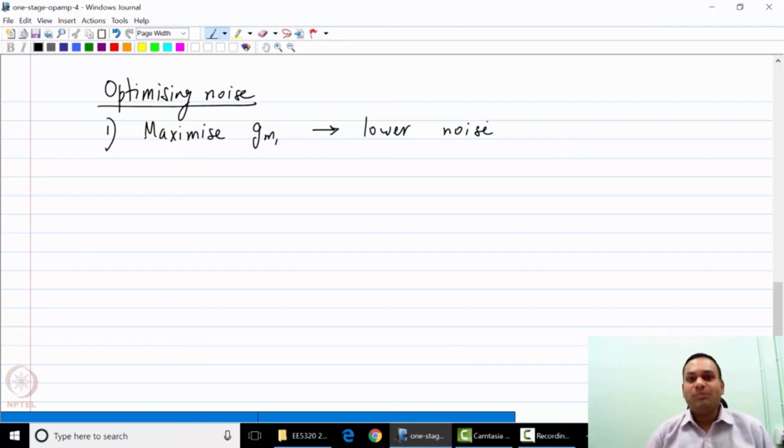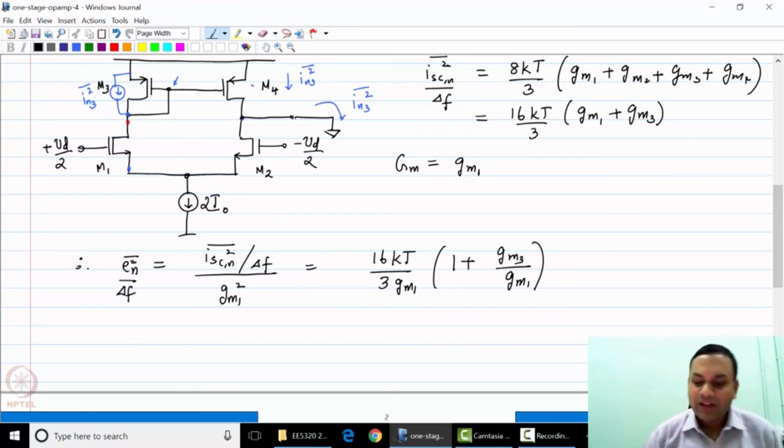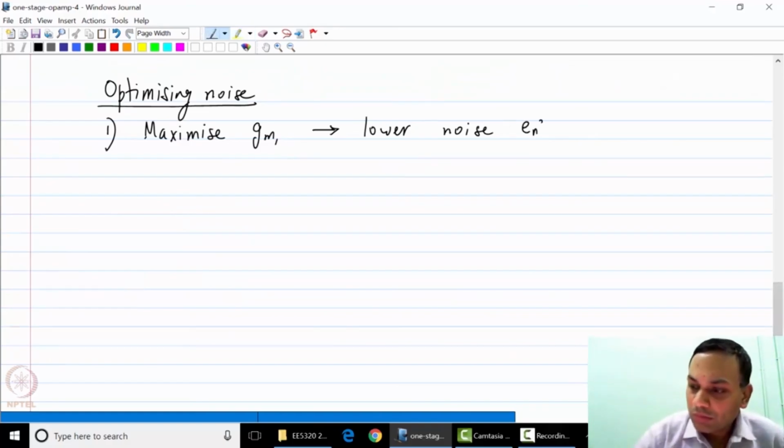It's clear that the input referred noise voltage squared, En squared, decreases as GM1 is increased. It is not just inversely proportional, there is some squared term also, but as GM1 increases, the value of En squared will go down.